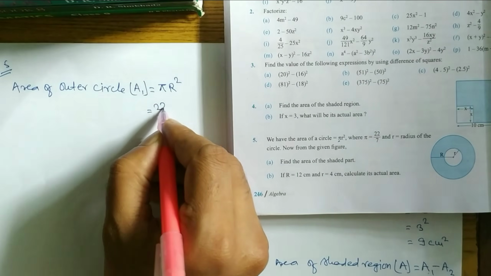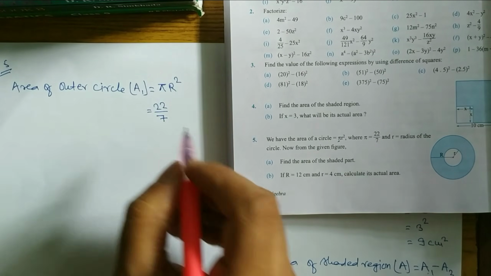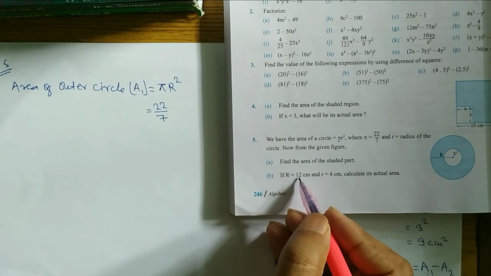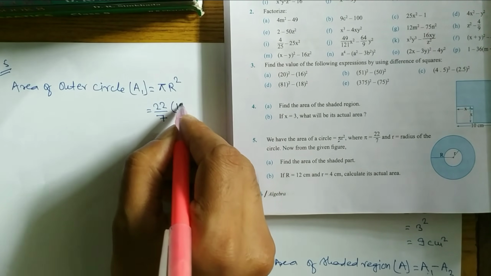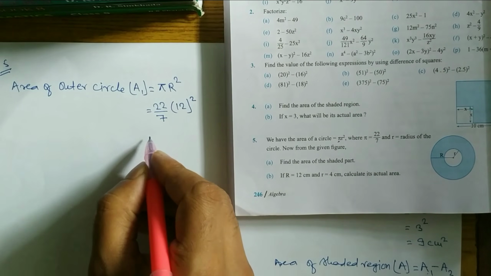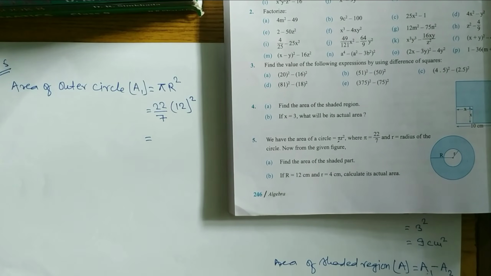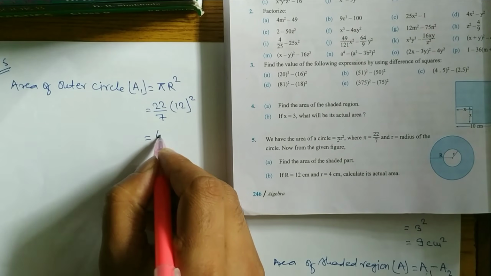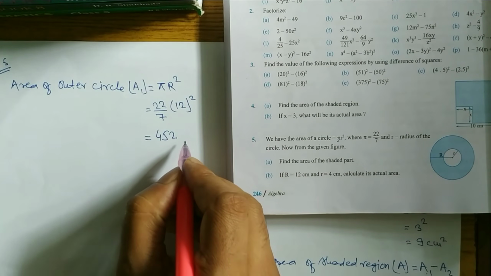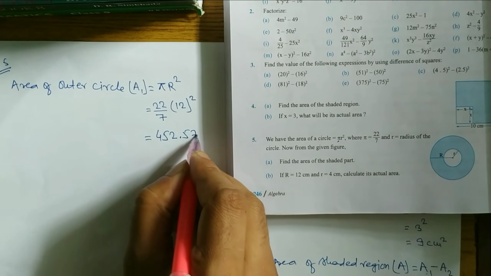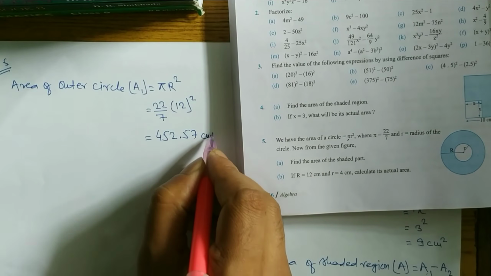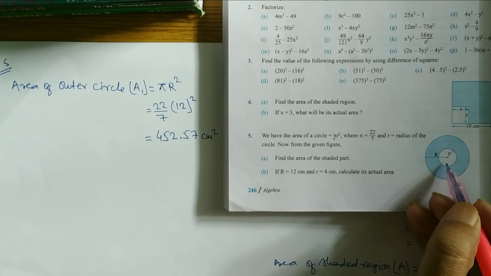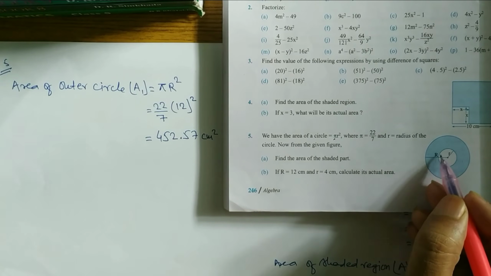Pi means 22/7, and what is the value of capital R here? 12. So we have to write here 12 square. Now we have to calculate this. So answer is here 452.57 centimeter square.